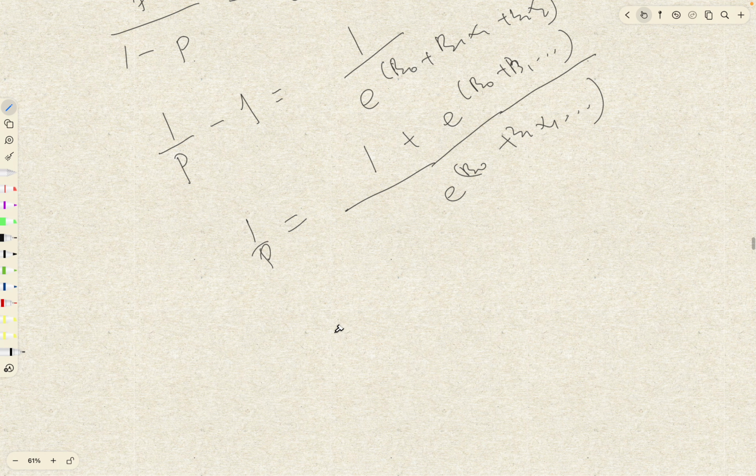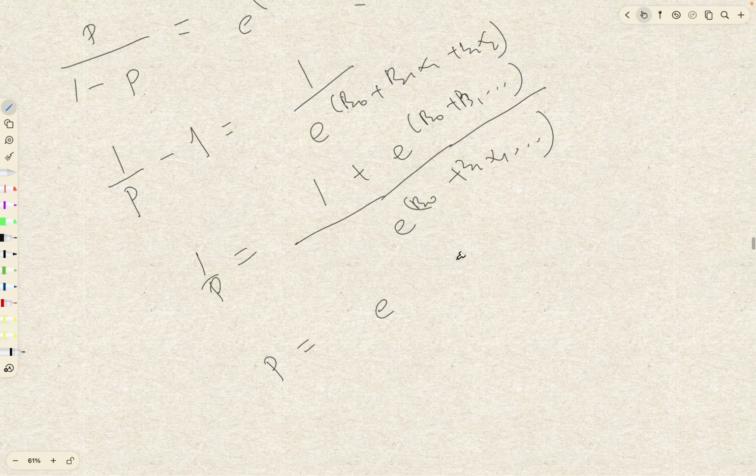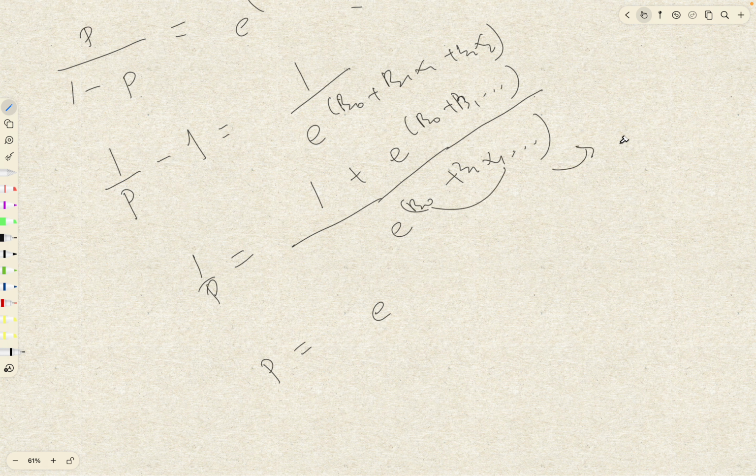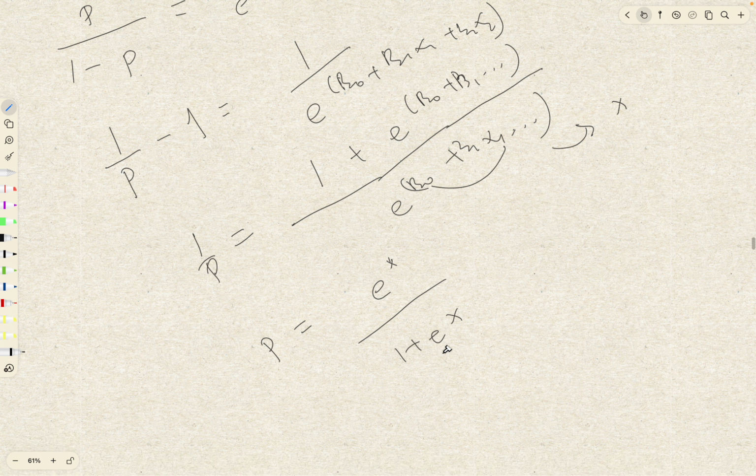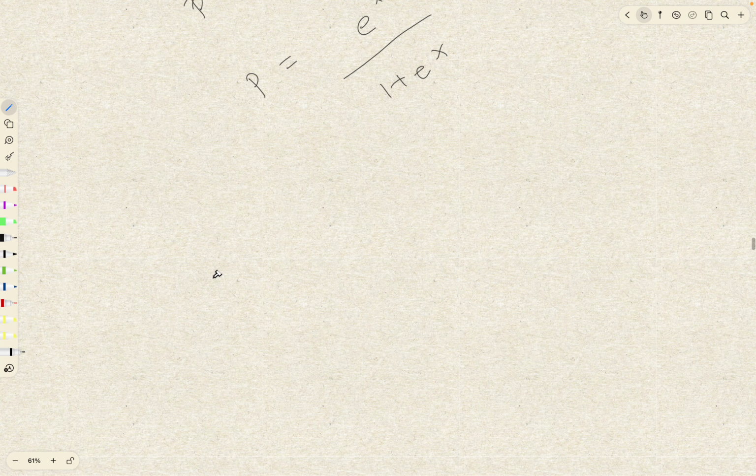And then we find p, let's say like this is x. So finally p is this.